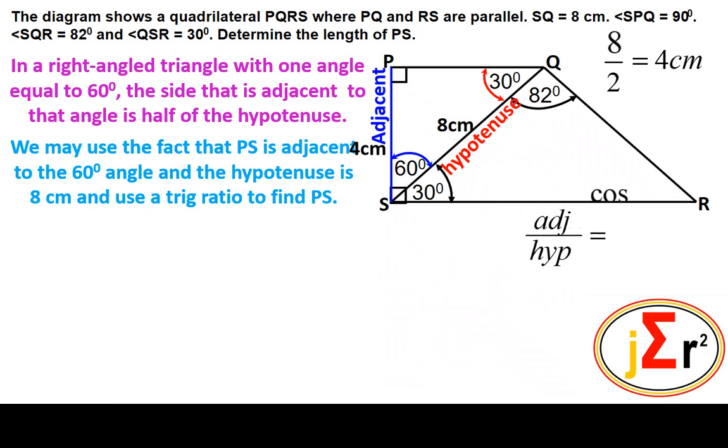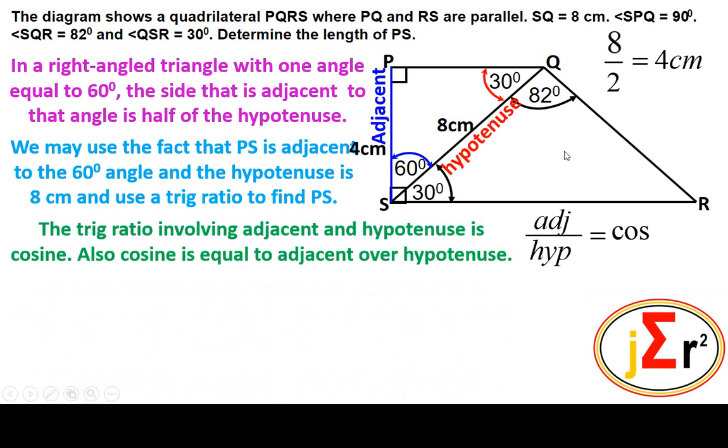Adjacent and hypotenuse are the sides, and we are saying adjacent because the angle that we are using is the 60 degrees angle, and the side that we are attempting to find is adjacent to that particular angle. Adjacent and hypotenuse, that will be our cosine trig ratio. The trig ratio involving adjacent and hypotenuse is cosine.